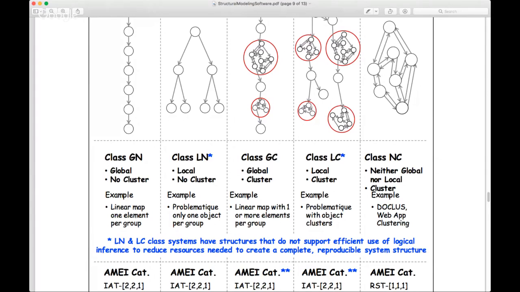I asked, what kind of relationships did these guys use? And the vast majority of the relationships that were reported were global relationships. Only a small percentage were local relationships. Reported in the literature about ISM, you mean?